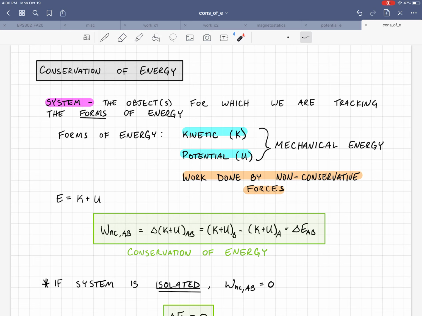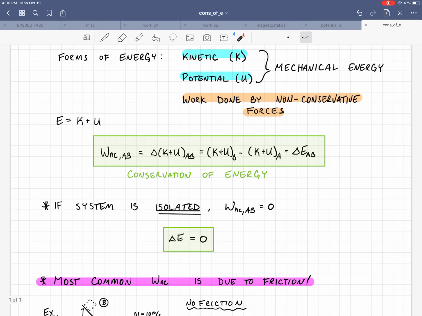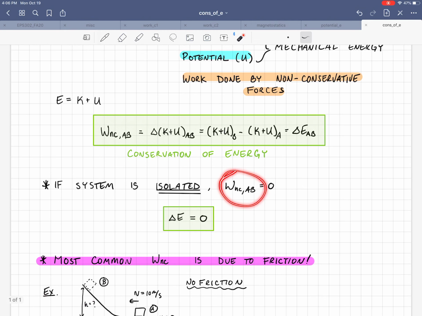Now remember, when we're looking at the change, we're really looking at the final energy minus the initial energy. And so any form here, pick any of those two equal signs and you can string them together. The conservation of energy is going to show up in a bunch of different ways. Specifically, when our system is isolated, that is, there are no non-conservative forces acting on our system between points A and B, we call that system isolated.